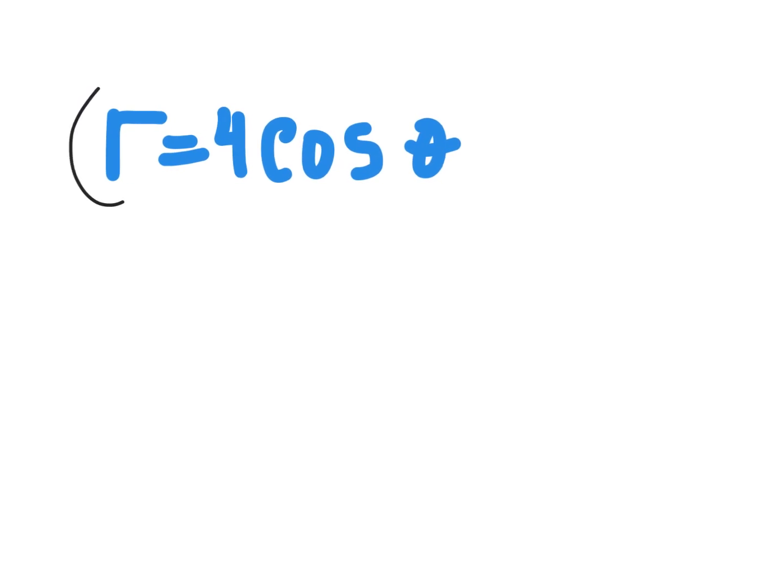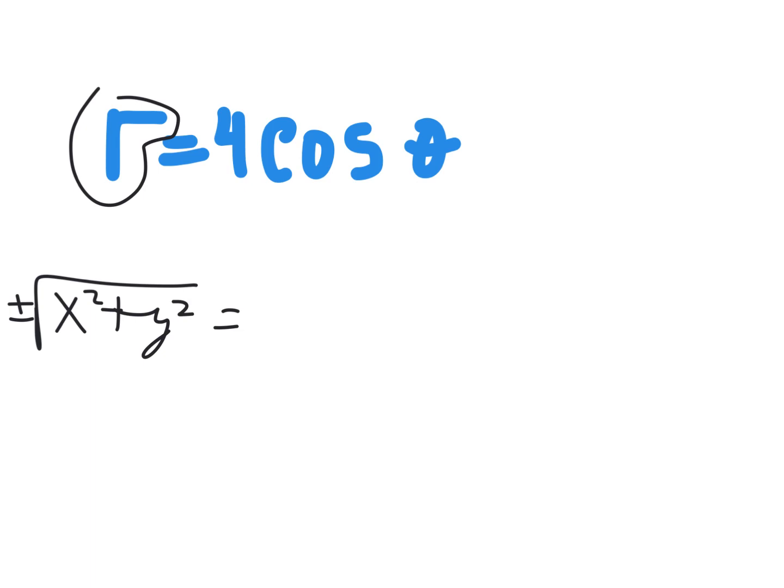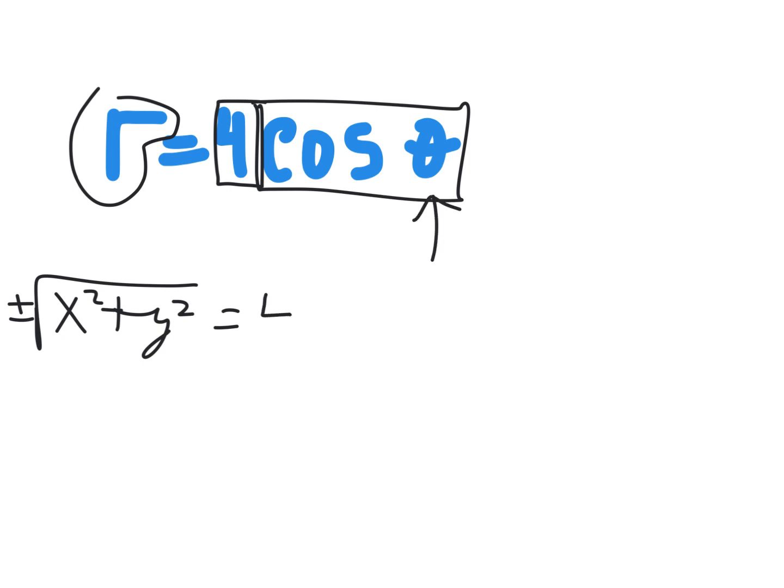I could just replace this r with that thing we told you it was, square root of x squared plus y squared, a plus and a minus in the front. If you're good enough at memorizing and you memorize that, cool. And then r cosine theta is kind of like this, isn't it? Except we know r is 4. I can't leave a theta in my answer.